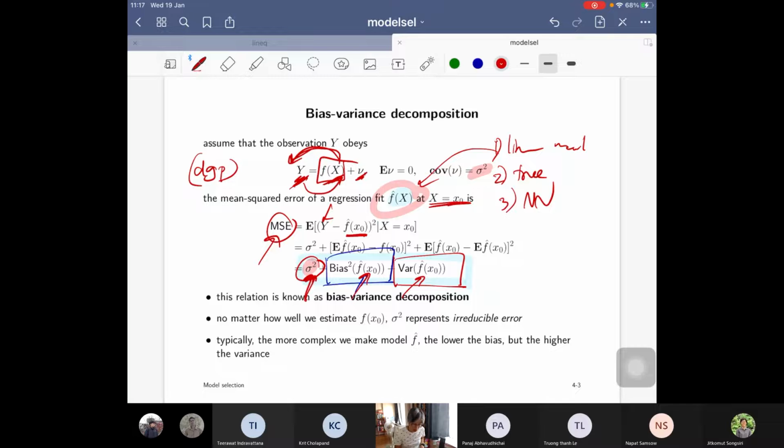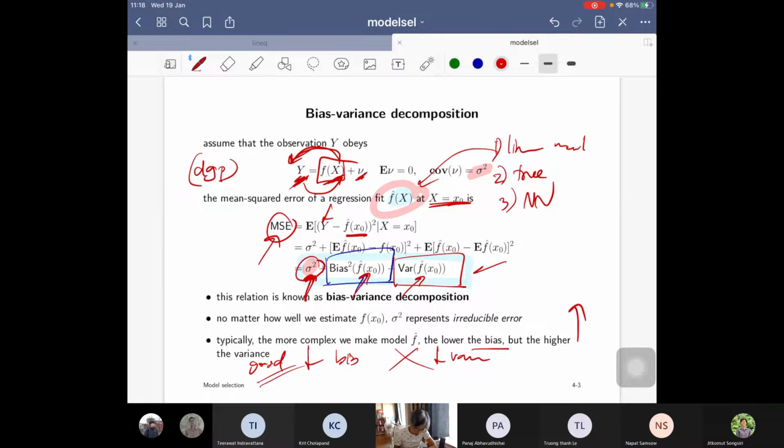If your model has lower bias, it's going to have higher variance. Of course, for a good model you prefer to have low bias and low variance, but I'm saying that these cannot happen all together.